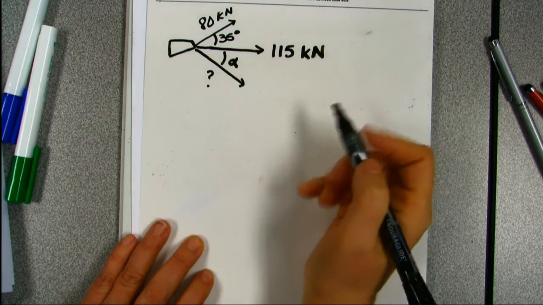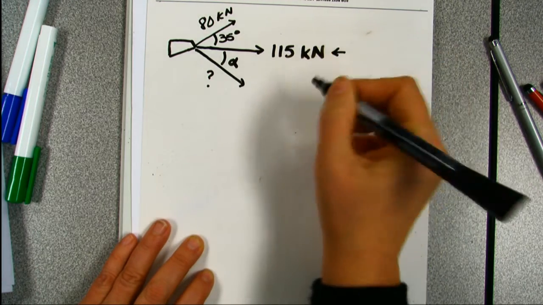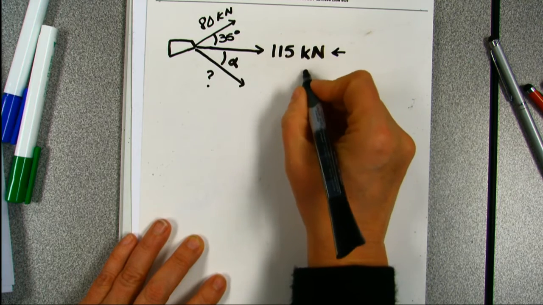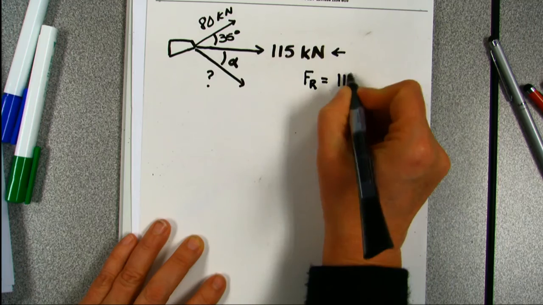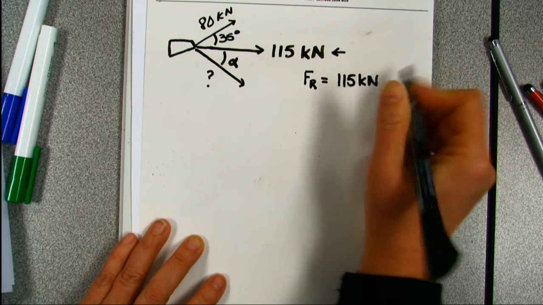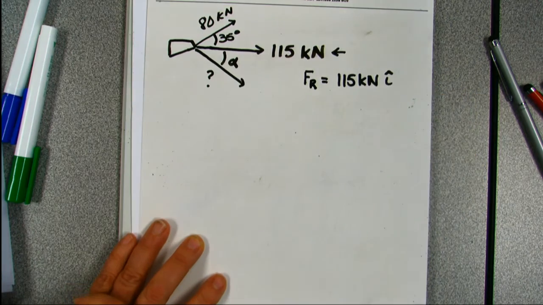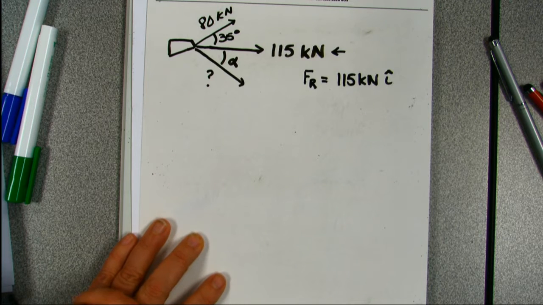Well, actually, that's not true, I'm lying to you. This resultant force is actually given to us as 115 kilonewtons strictly in the i direction. So we actually did have more information. My apologies. So we can approach this a couple of different ways.